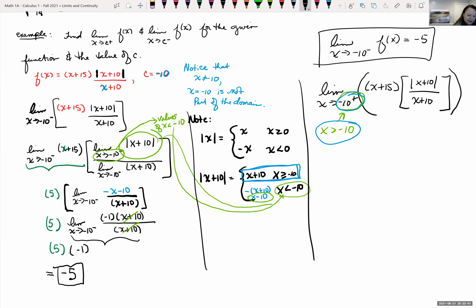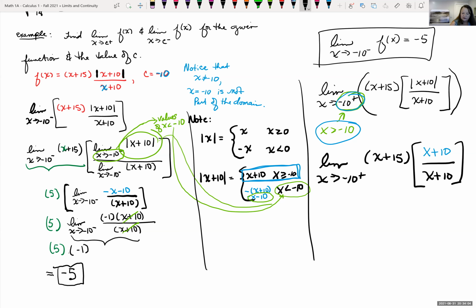So we can break it down: the limit as x approaches negative 10 from the right of the first piece, x plus 15, times the numerator, which we're going to rewrite using x plus 10, all over our denominator of x plus 10. If we plug in direct substitution, we get a 0 over 0, but notice those are the same thing, x plus 10 divided by x plus 10.